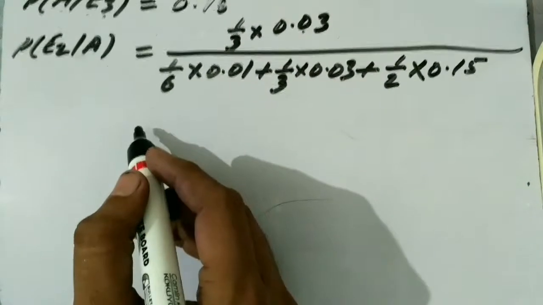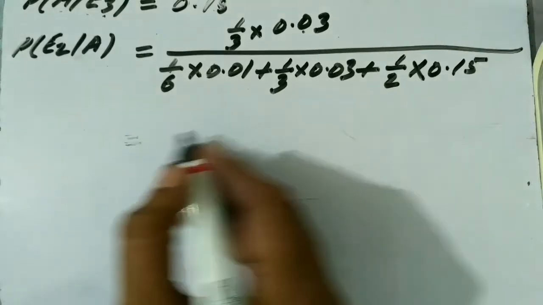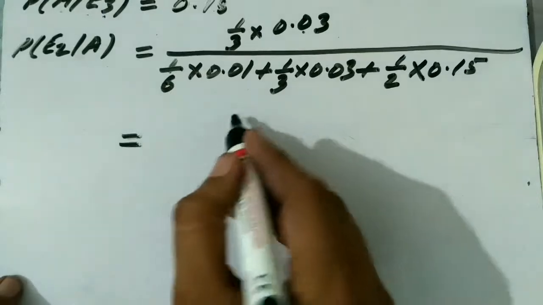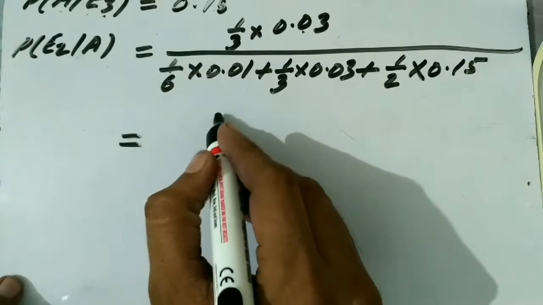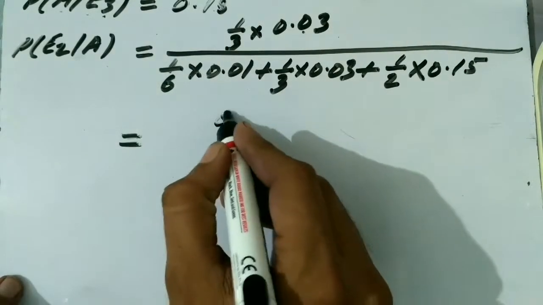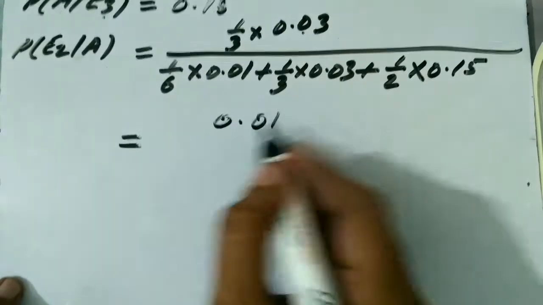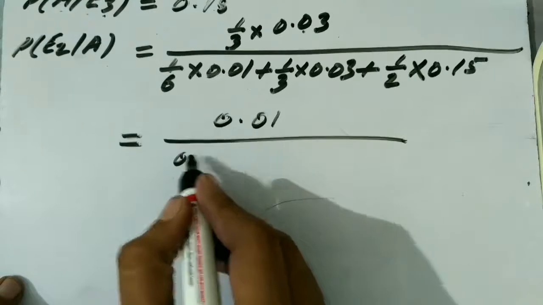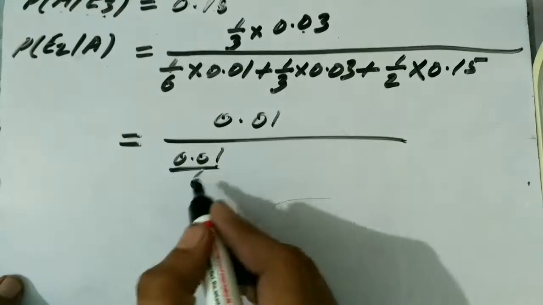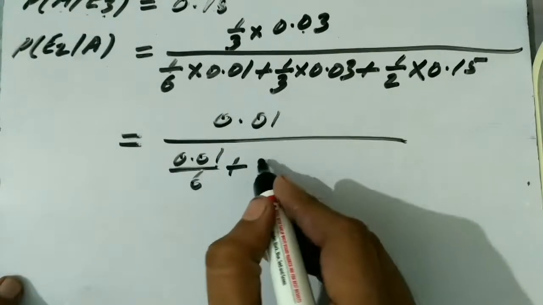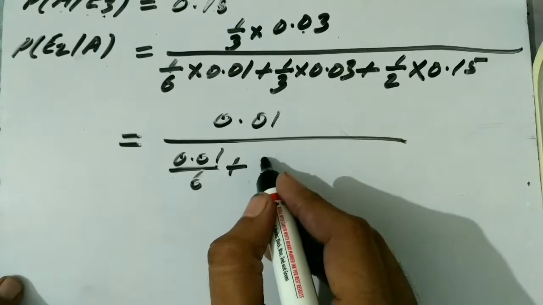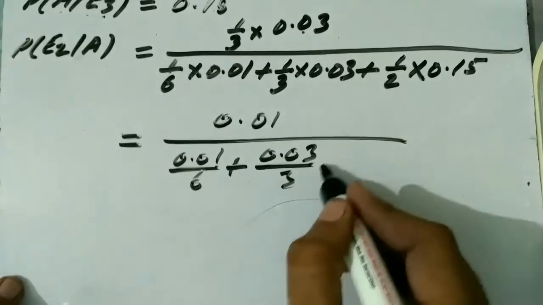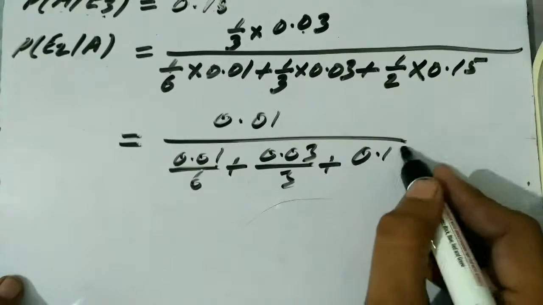So here P(E2 | A) is equal to 1 upon 3 into 0.03, which is 0.01, divided by 0.01 upon 6 plus 0.03 upon 3 plus 0.15 upon 2.